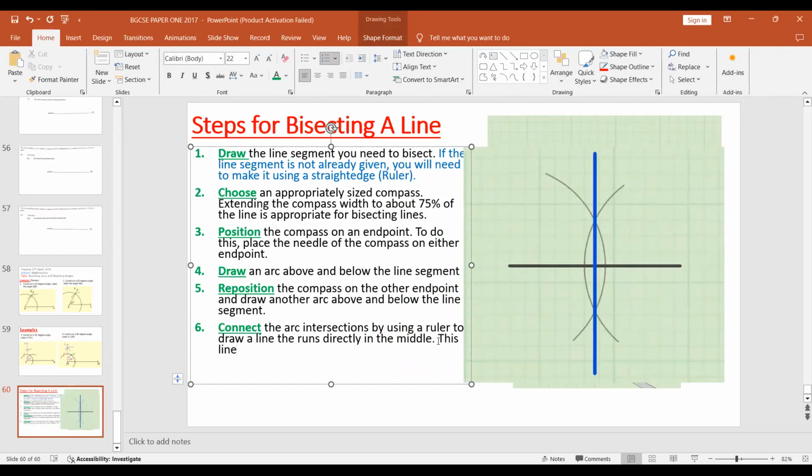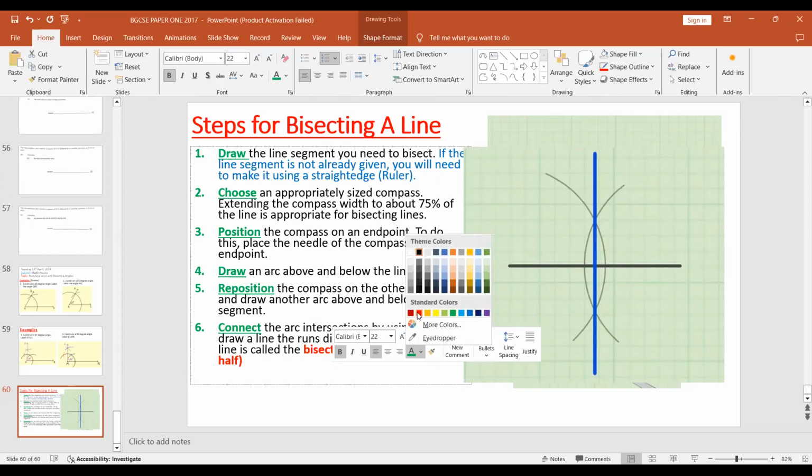This line is called the bisector. So the bisector is the one that cuts it in half. It's the line that cuts that line that you were trying to cut in half. That's the bisector. So the blue line is what we call the bisector. Okay, that's the bisector.